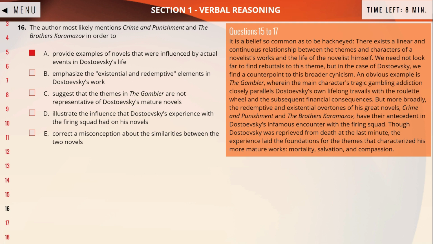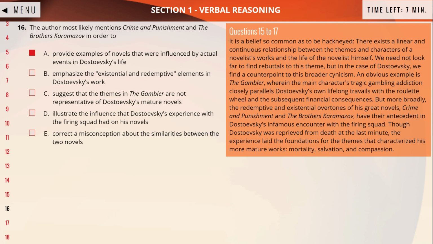Actually, what's the difference between A and D? Provide examples of novels that were influenced by actual events. But then The Gambler was as well. So maybe this is a bit better, because it wasn't just to provide examples of novels that were influenced by actual events, because we already have that with The Gambler.